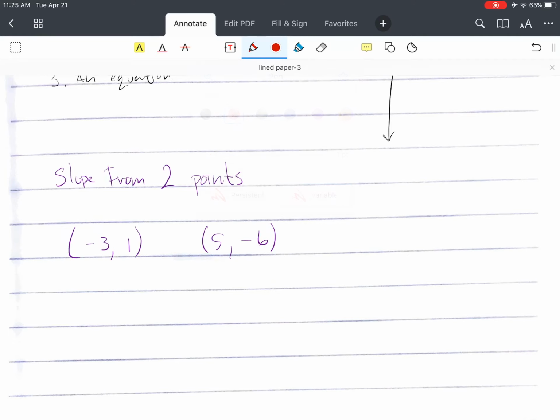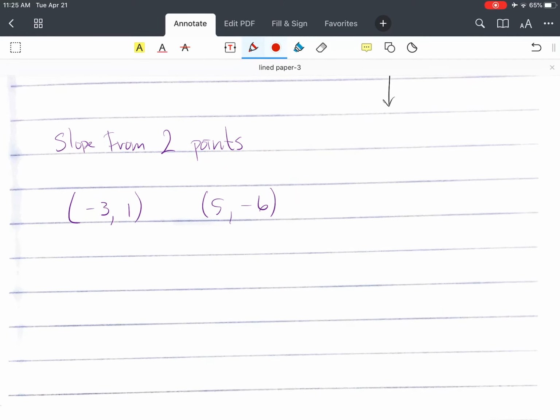So, first thing you want to do is label your points. Meaning, this is going to be x1, y1. This is going to be x2, y2. The reason we do that is because there's actually a formula to find the slope.